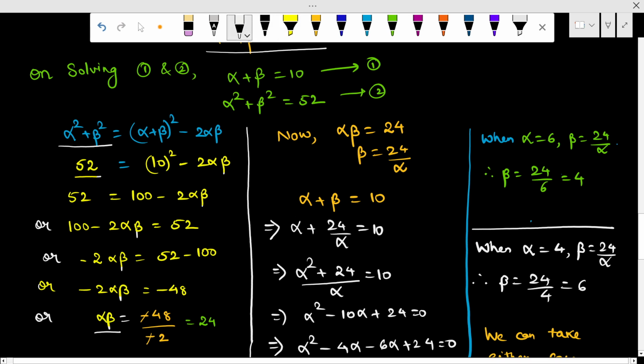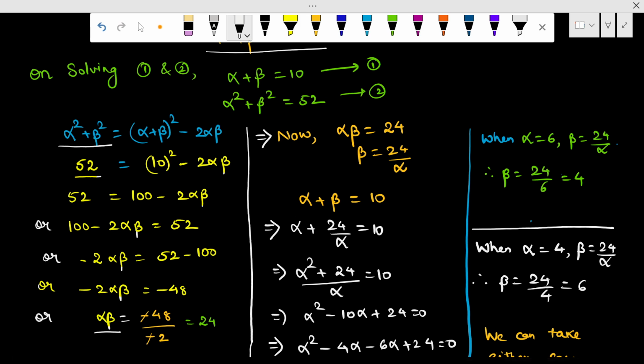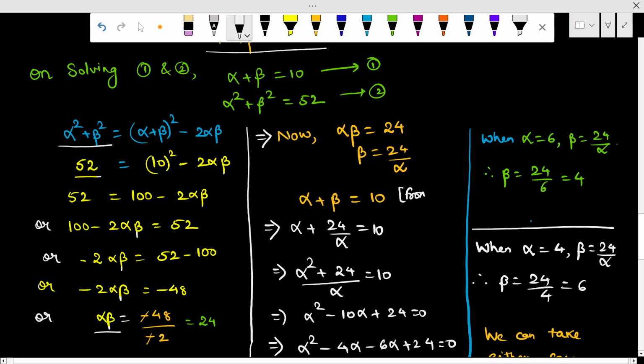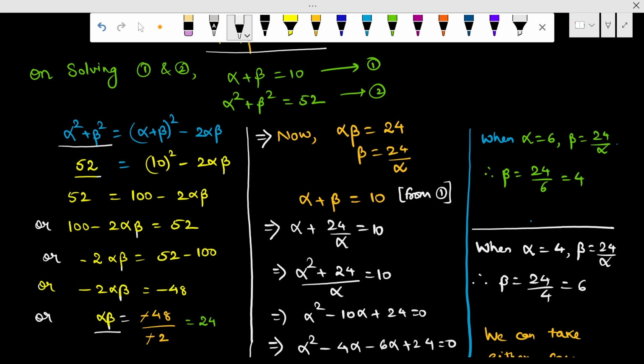Next step over here. Now alpha beta is 24 and beta is 24 by alpha. Then we have seen alpha plus beta is 10 from first equation. So we put the value of beta in first equation. So alpha plus, in place of beta, we put 24 by alpha.